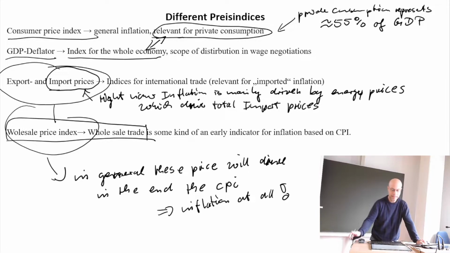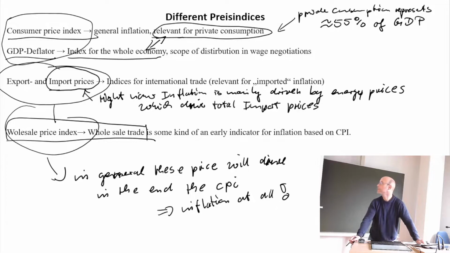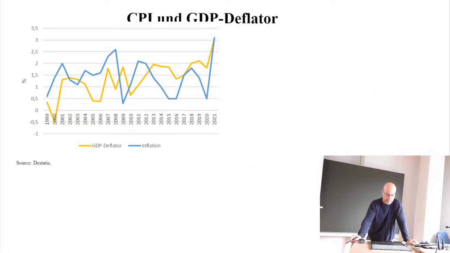But now we will have a deeper look in consumer price, in the difference between the consumer price index and the GDP deflator. And for this, we go to the next slide.